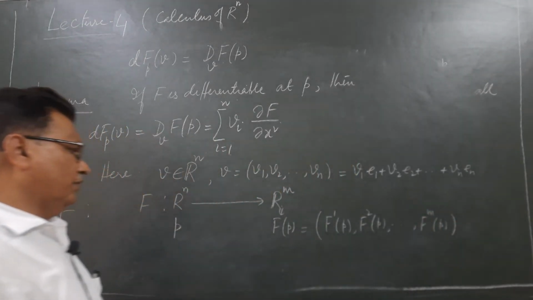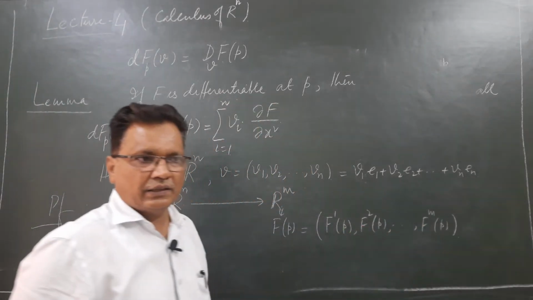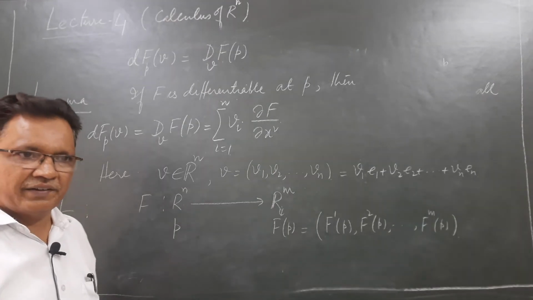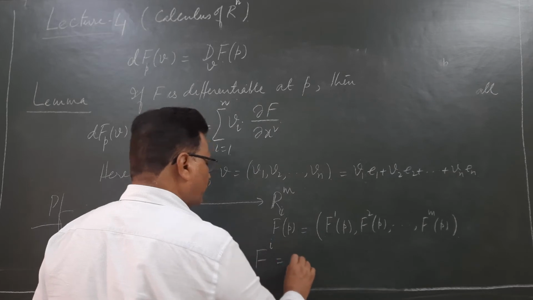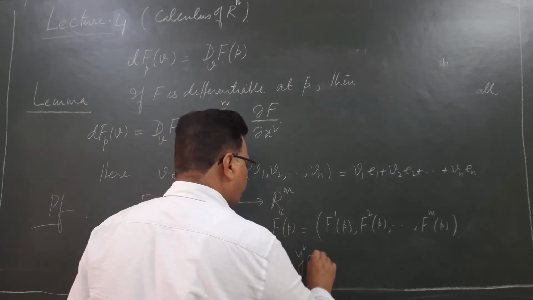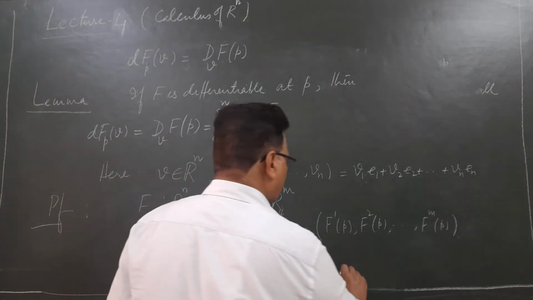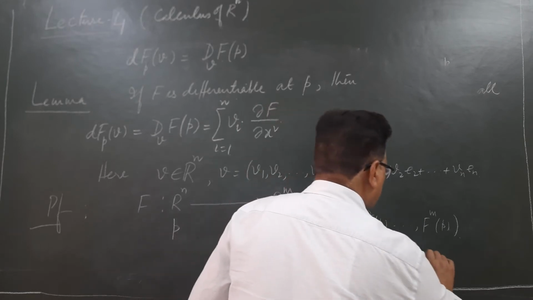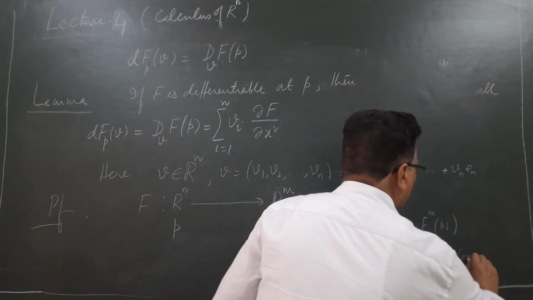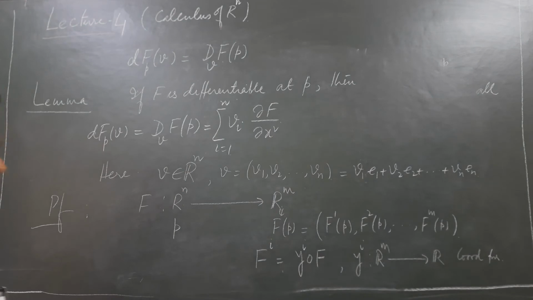This is the image of P under F. These F1, F2, Fm are the components of F. And how do you obtain them? Fi will be equal to Yi composition F. Is it right? What are Yi's? Yi's are coordinate functions on Rm. I have already told you what coordinate functions are. So this is how Fi are defined.